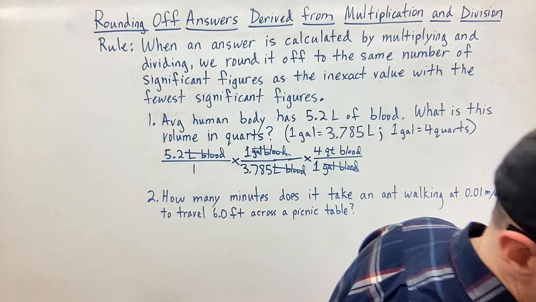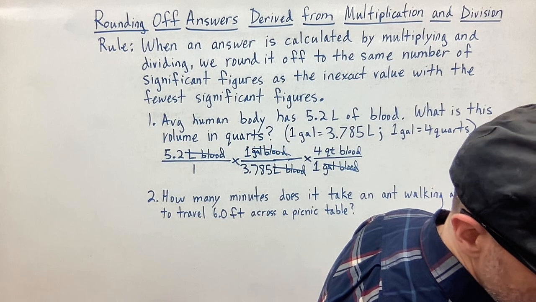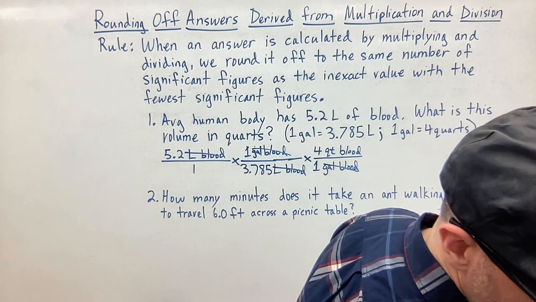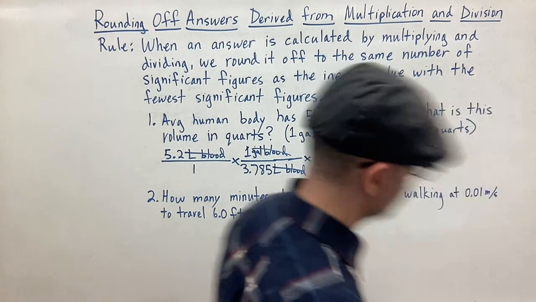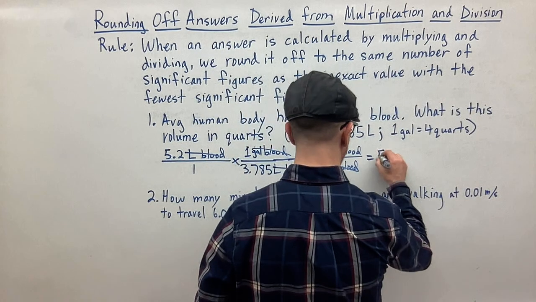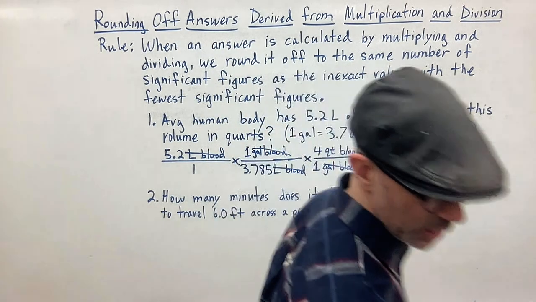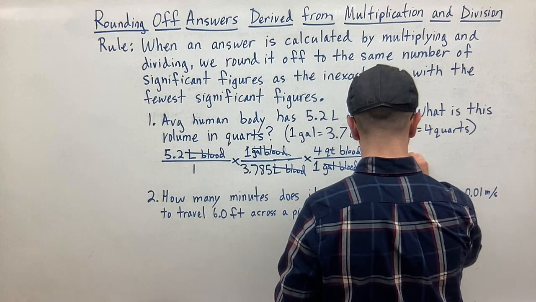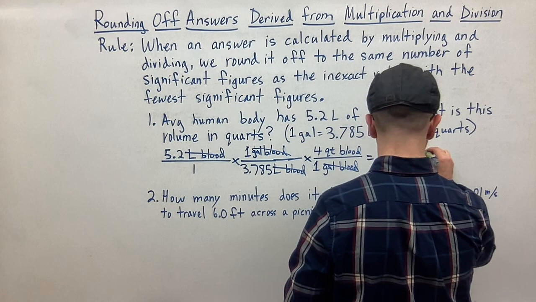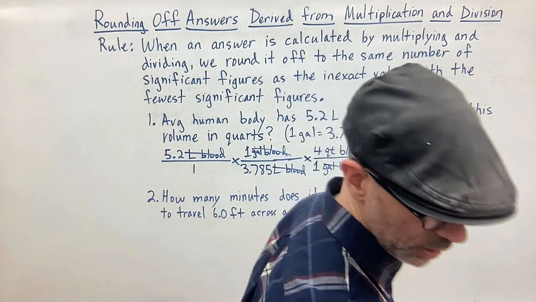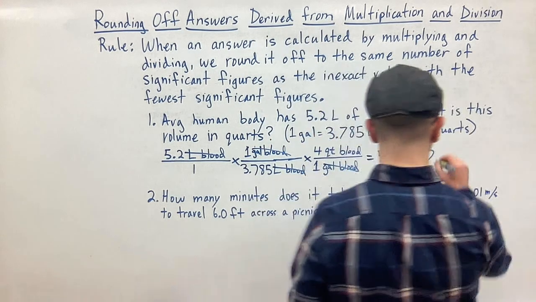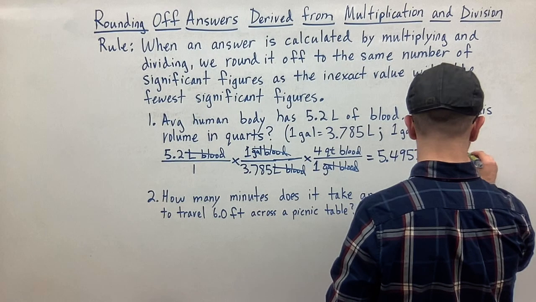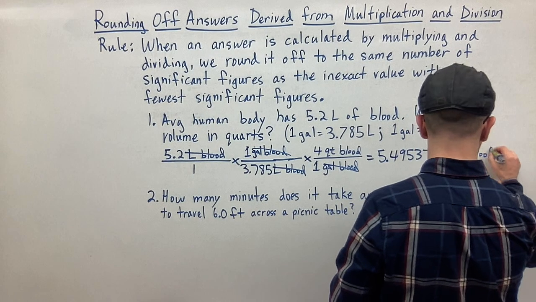When I calculate it out, let's see, what do I get? I get 5.4953765 quarts of blood.